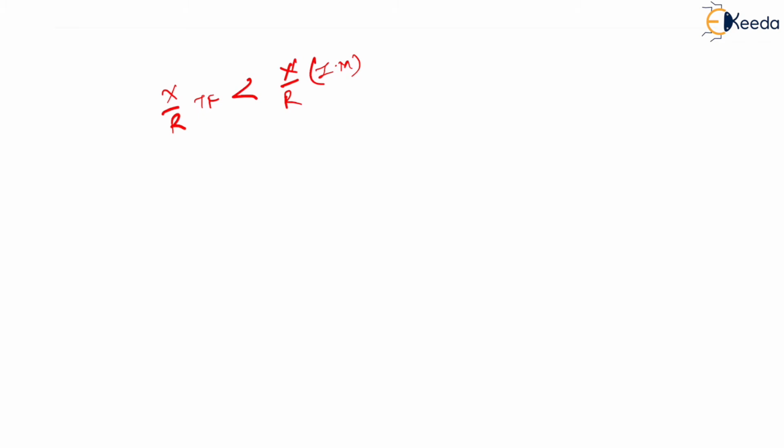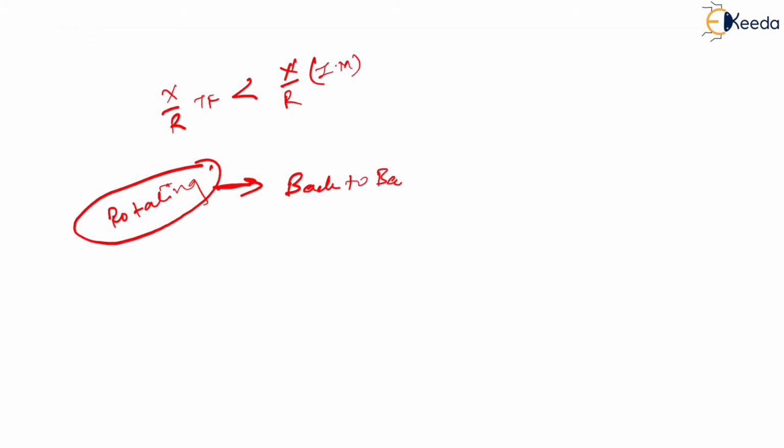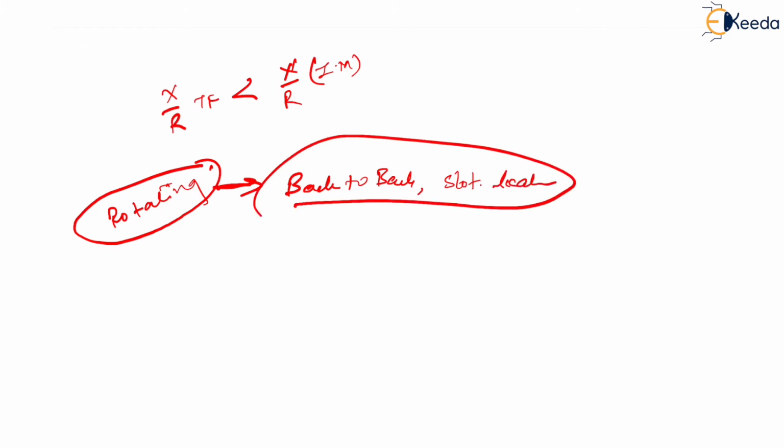Why? Because it is a rotating machine. In rotating machines, we have back to back leakage, then slot leakage, then some zigzag leakage, etc. Because of this, the reactance is more than the transformer.